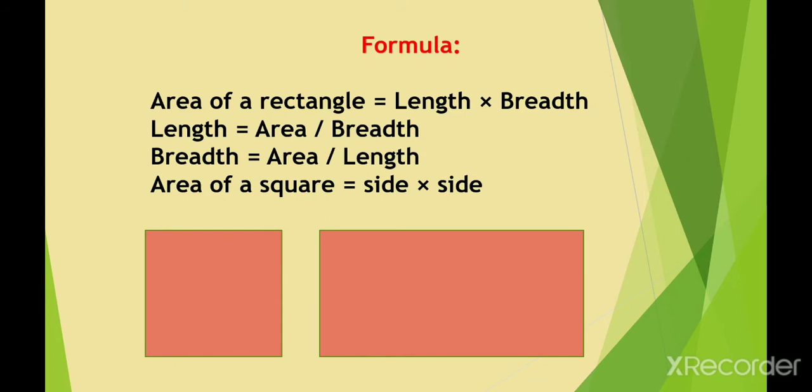And the area of rectangle is the space occupied by it. You calculate it when you multiply its length into its breadth. Length and breadth, two different dimensions you have in the case of rectangle. You will multiply the dimensions of both and you will get the area of the rectangle.